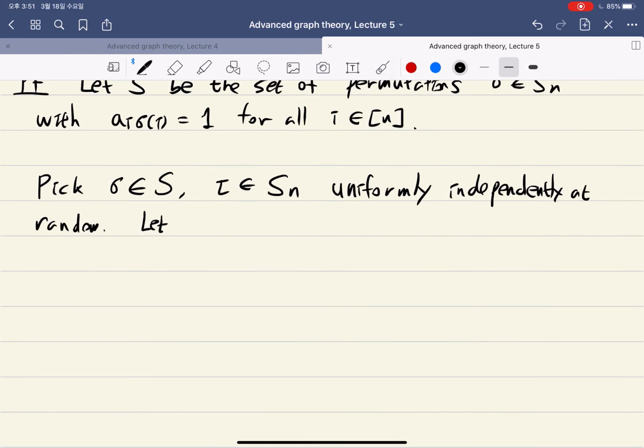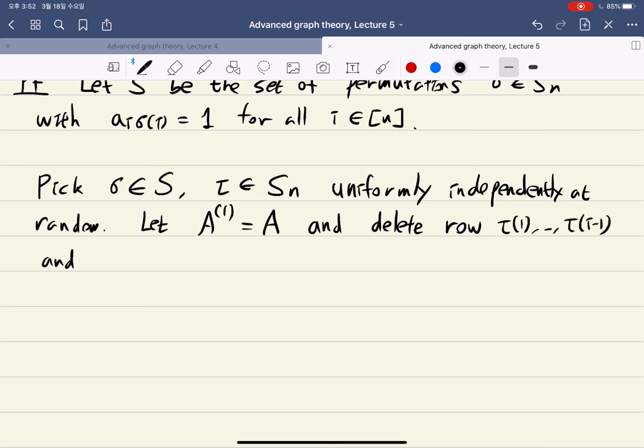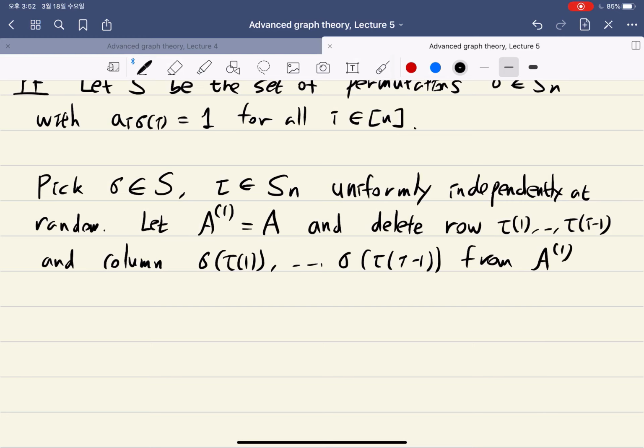And we let A_1 be the original matrix. We delete rows tau(1) to tau(i-1) and columns sigma(tau(1)) to sigma(tau(i-1)) from this A_1 to obtain A_i.